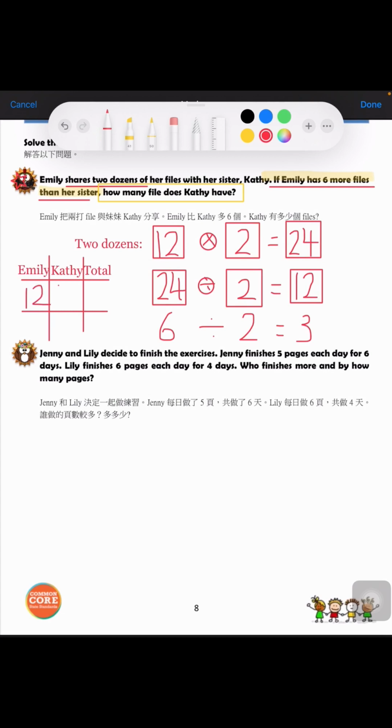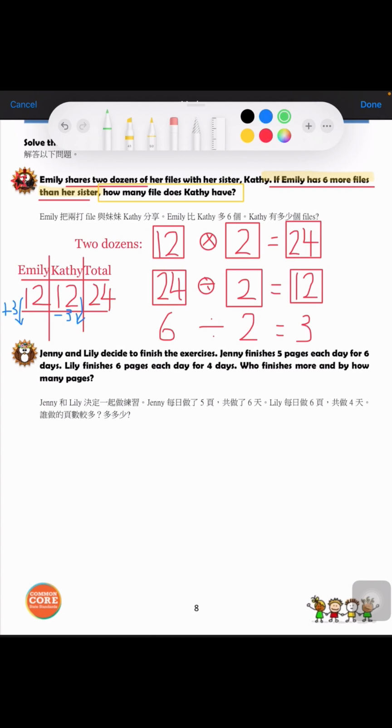Now we may assume if each of them have 12 files, and the total number would be 24. And since Emily has more files, so we may add 3 to Emily's, and minus 3 from Kathy's, so that their difference will be 6.